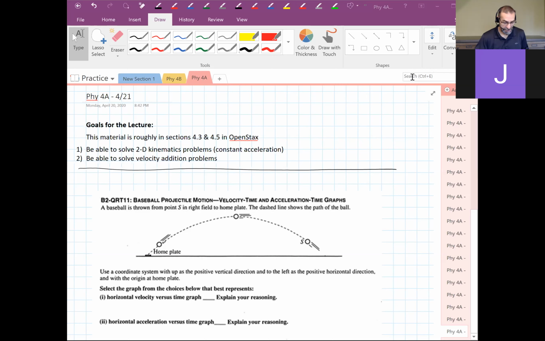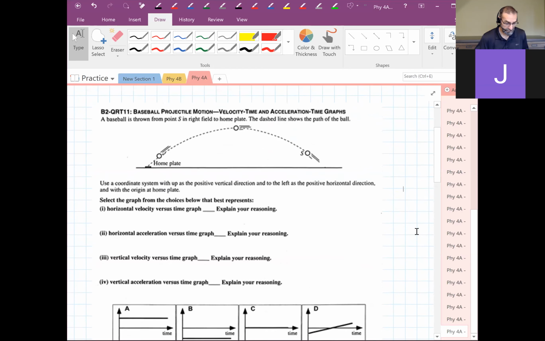Okay, let's start off with this one. It says a baseball is thrown from point S, that's on the right side of our screen right here. It's being thrown toward home plate, which is over here on the left side of our screen. The dashed line represents the path of the ball.